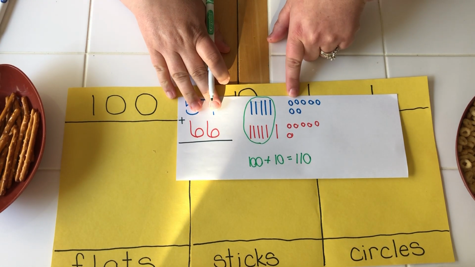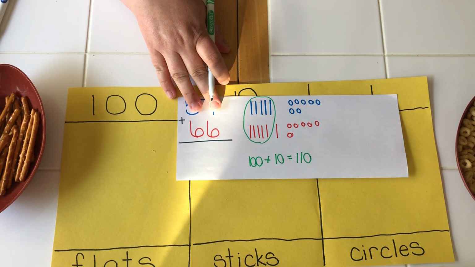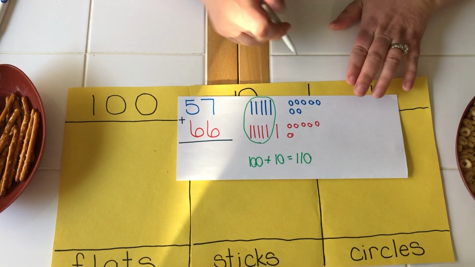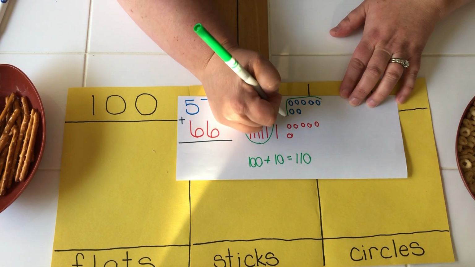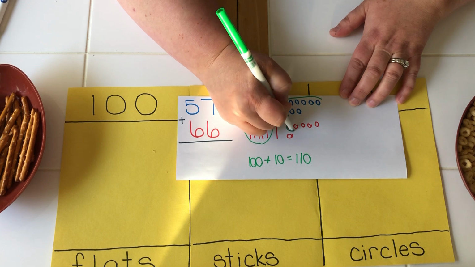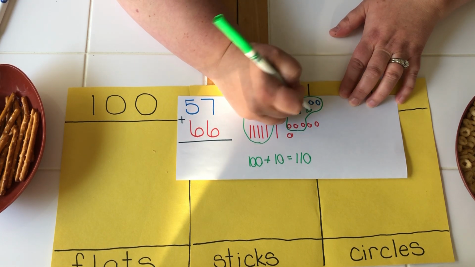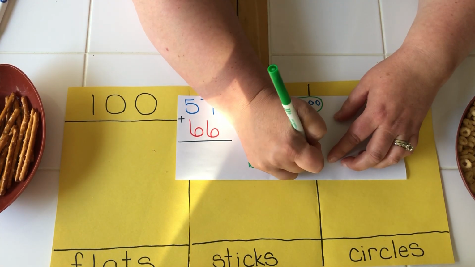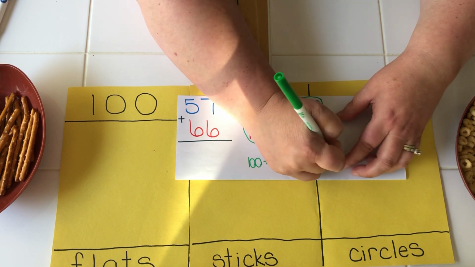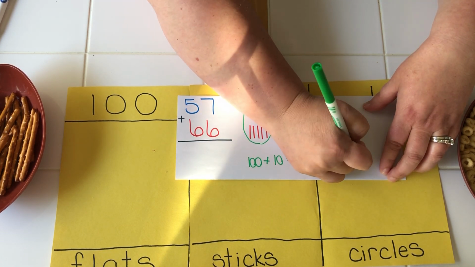Now I look at my next group and I say, am I going to make a new 10? And I can see right away I have a lot of circles. So I have 7, I'm going to start circling, 7, 8, 9, 10. So this now has made a new 10. So to 110, I add a 10, and I get 120.